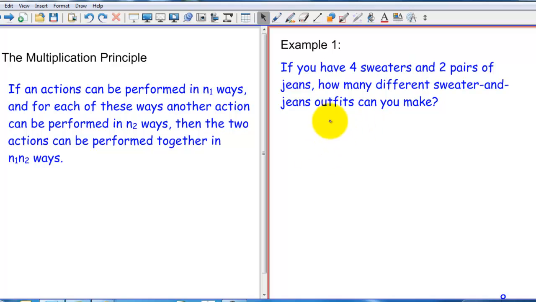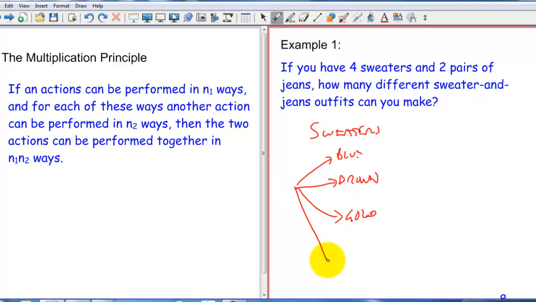You have 4 sweaters. So let's say you got your sweaters here. And you've got a blue one and a brown one and a gold one and a striped one. And you've got 2 pairs of jeans.